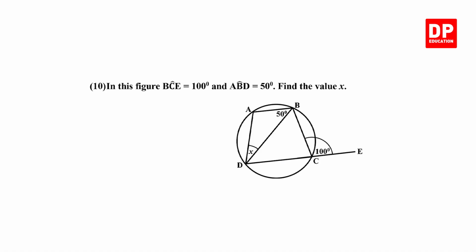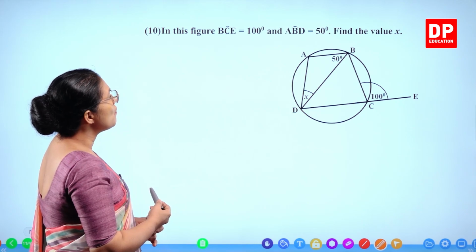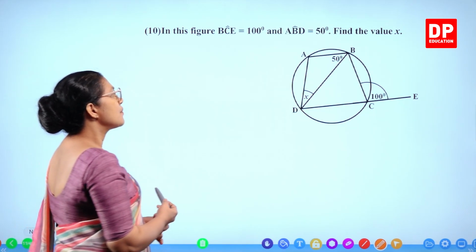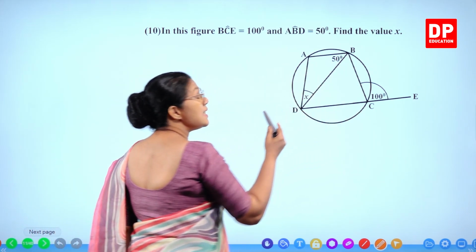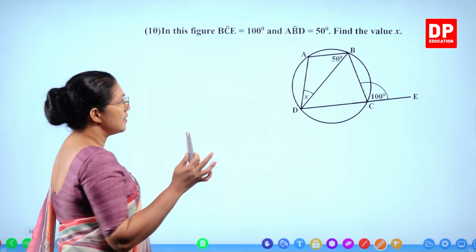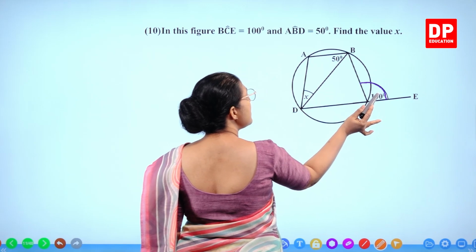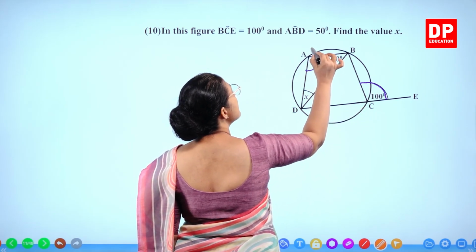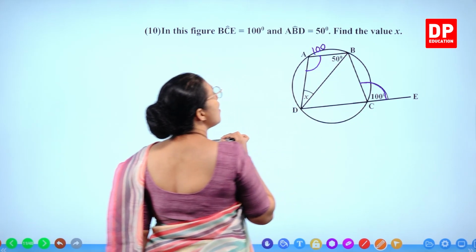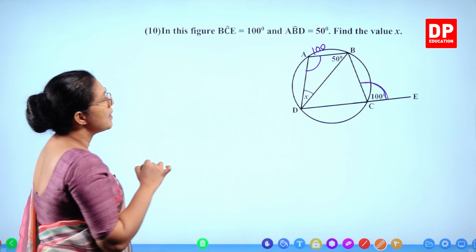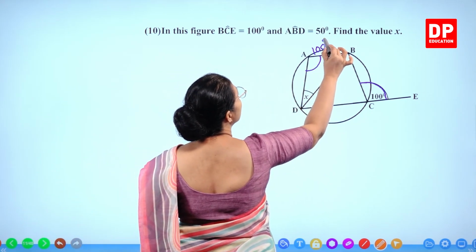Question number 10. In this figure, BCE is 100 degrees and ABD is 50. Find the value of x. ABCD is a cyclic quadrilateral. All the points on the circle. This is the exterior angle. Exterior angle is same as the opposite angle. So that becomes 100 degrees.